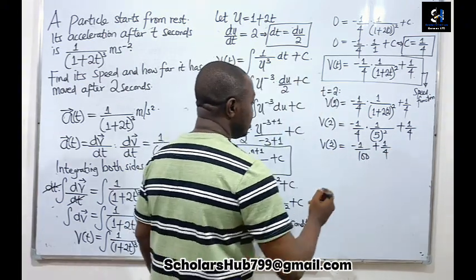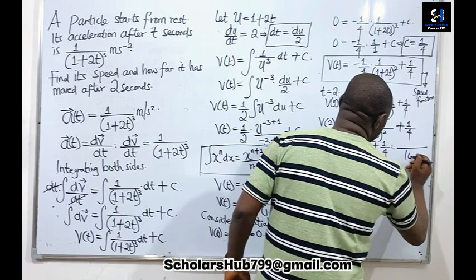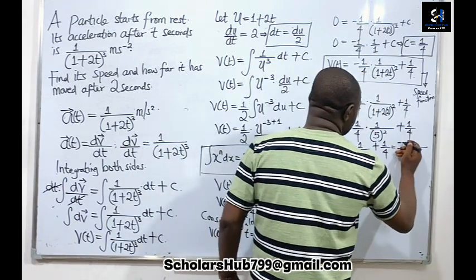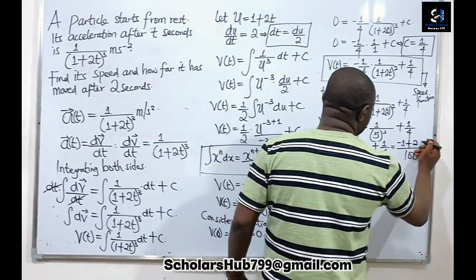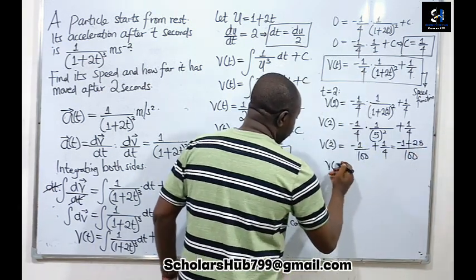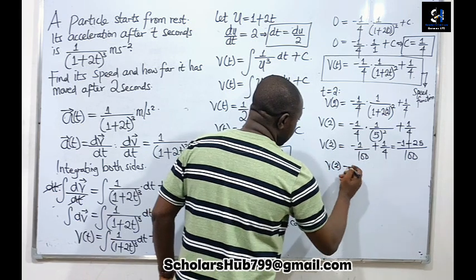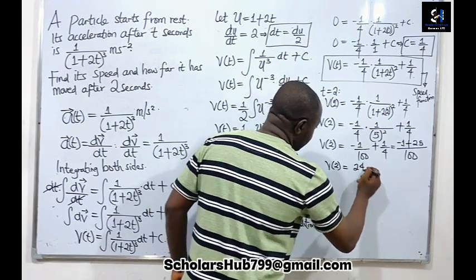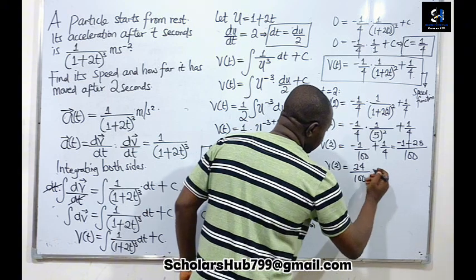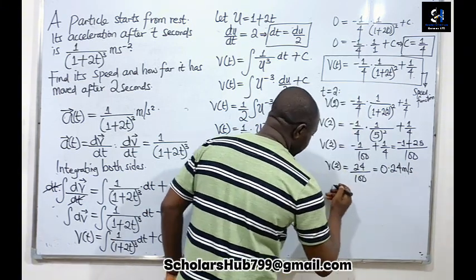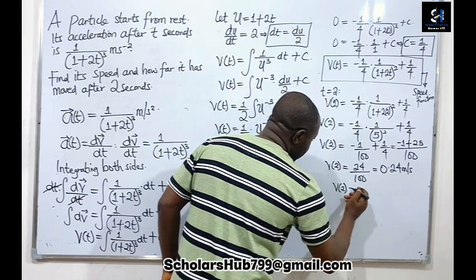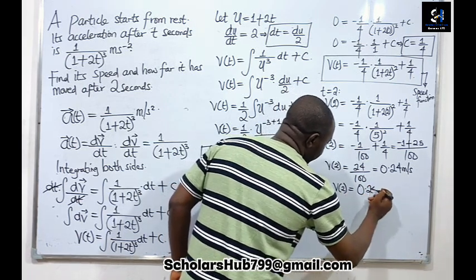So now let's simplify this. The LCM will be 100. So this will be negative 1 plus, now 100 divided by 4, that will be 25. So the velocity after 2 seconds is equal to 24 over 100, and that will be 0.24 meters per second. So this is what we're looking for.